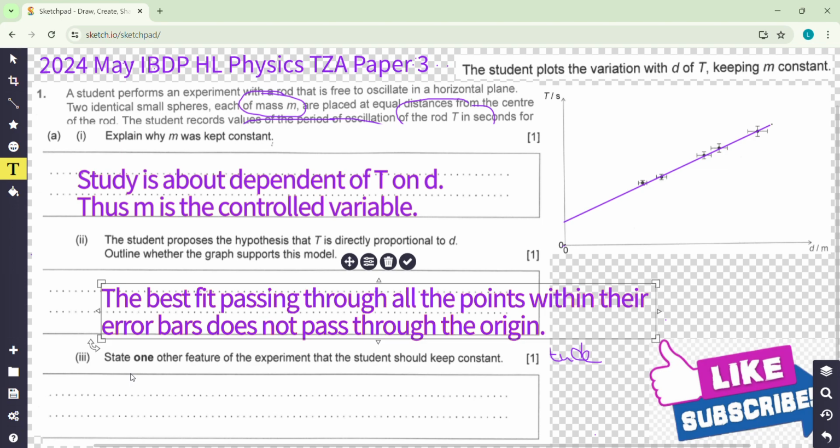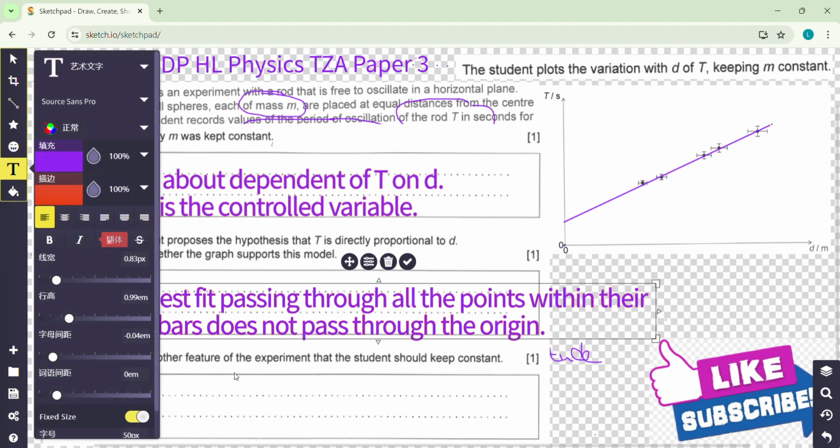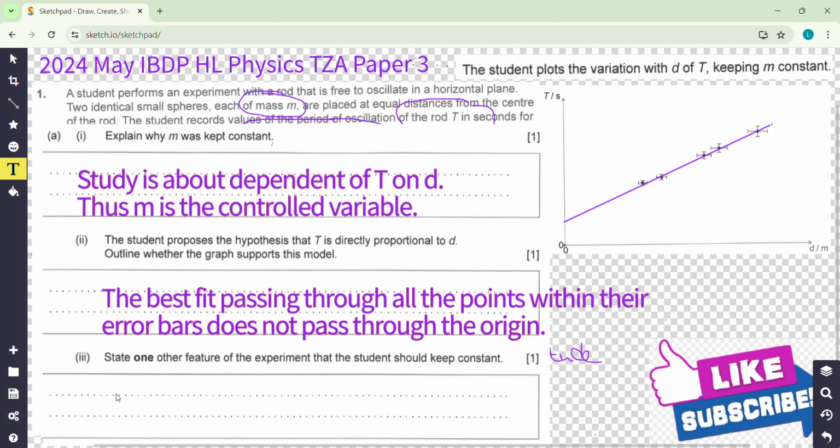State one other feature of the experiment that the student should keep constant. Remember this one, you have to relate it to the experiment. I know everything should be kept constant, but some answers are too universal. You can say temperature, pressure, moisture, but not related. So you have to find something that is related to the experiment that must be kept constant. Makes sense? Remember what's that? Yes, the amplitude of oscillation.